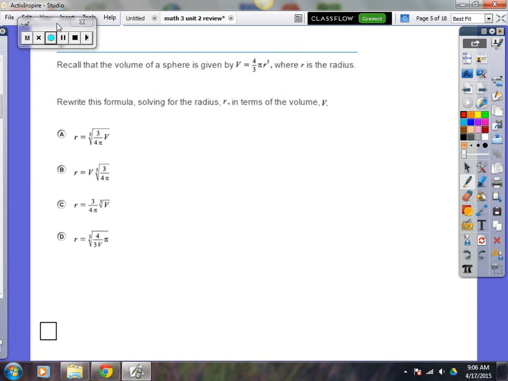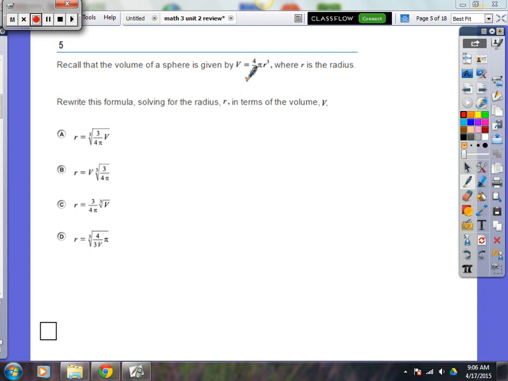Okay, number 4 or 5, you're given a formula to calculate the volume of a sphere. They just want you to rearrange it, manipulate it, solve for r. So if we solve for r, the volume is equal to 4/3 times pi times the radius cubed.